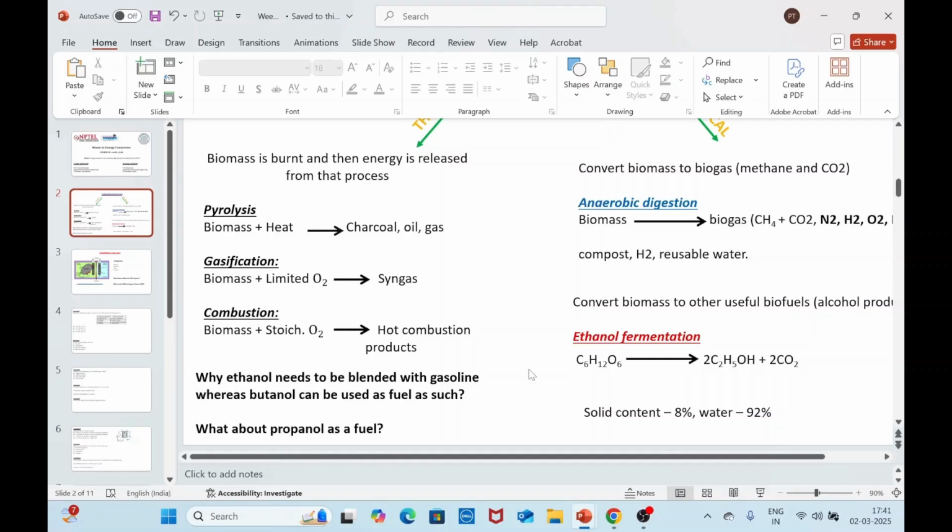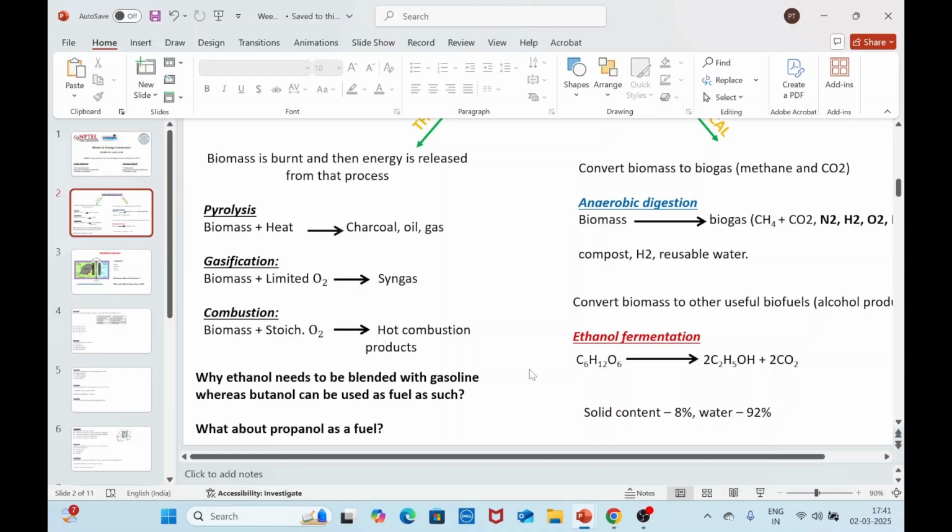The reason why this dehydration step is required is basically to make sure that the ethanol is anhydrous in nature, so it loses all its water molecules, so that it can be blended with your gasoline.